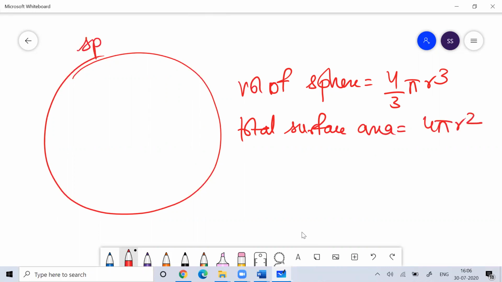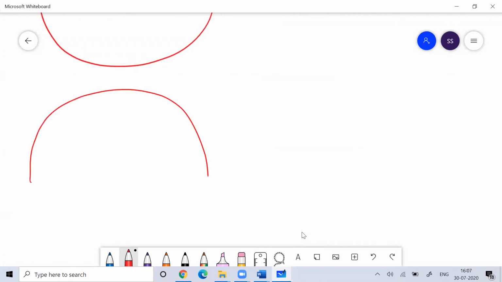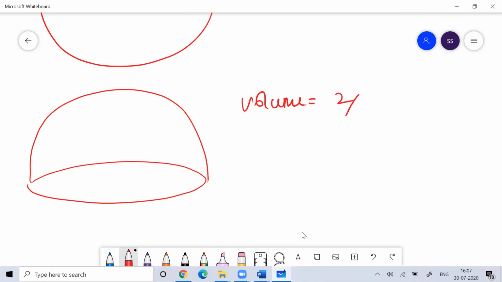This is called sphere, while the half of this is called hemisphere. The volume of the hemisphere is 2 by 3 pi r cube. When I say curved surface area, I just see the boundary of them.